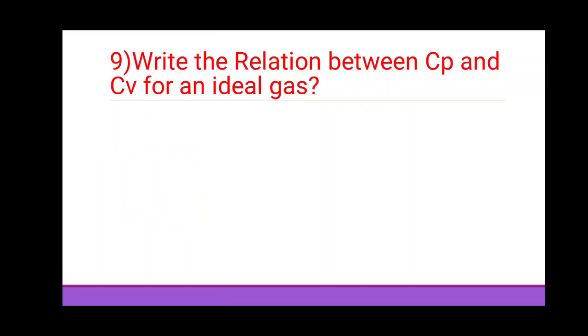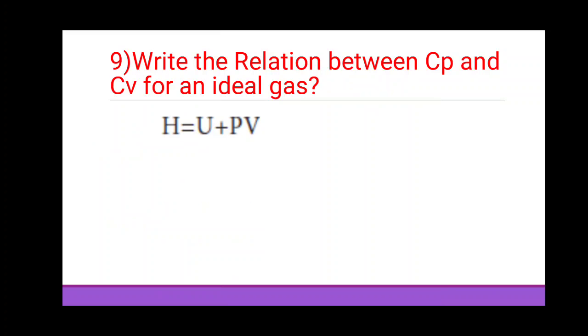Question number 9. Write the relation between Cp and Cv for an ideal gas. It is very, very important. First, from the enthalpy definition, we can write H equal to U plus PV.